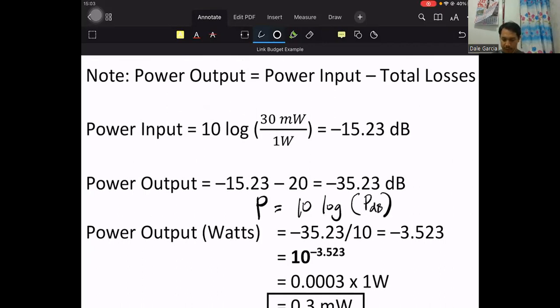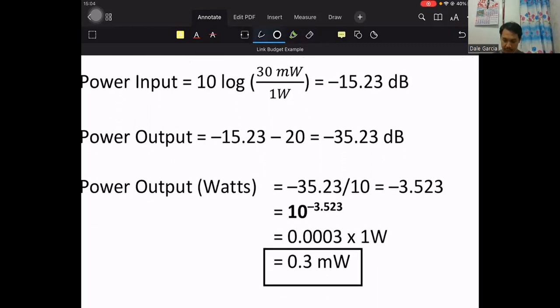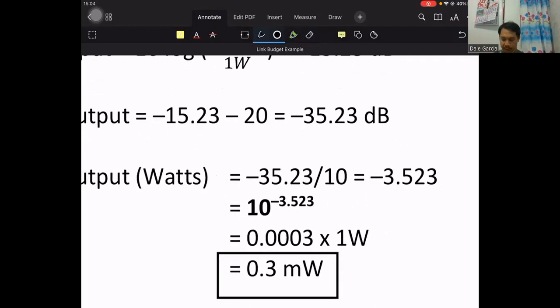So we divide the power in dB by 10, then take the anti-log, which is 10 to the power of something. Negative 35.23 divided by 10 is negative 3.523, and we take 10 to the power of that.